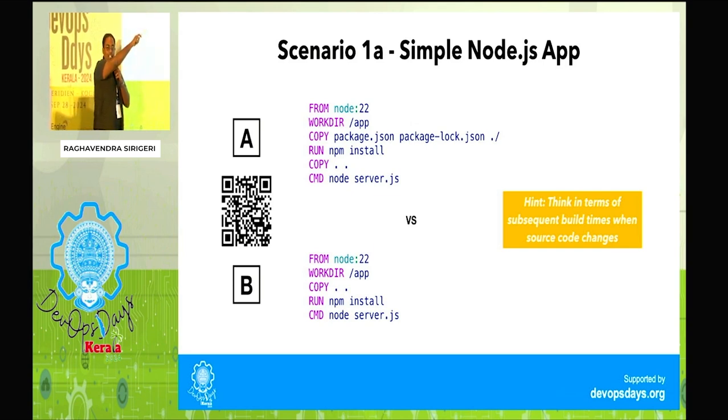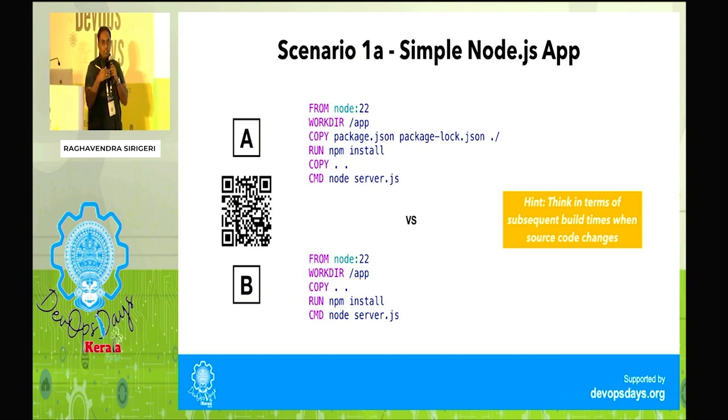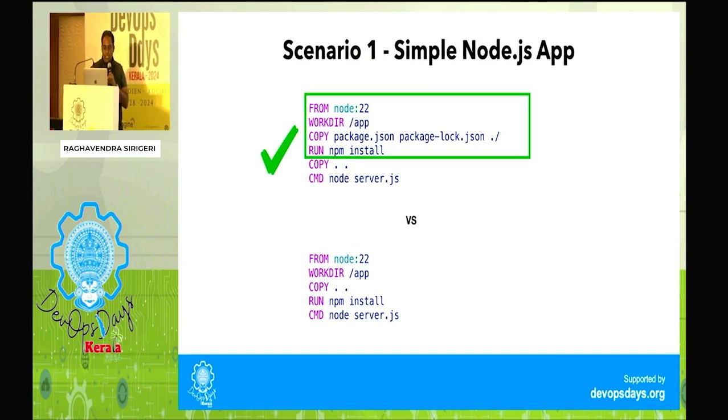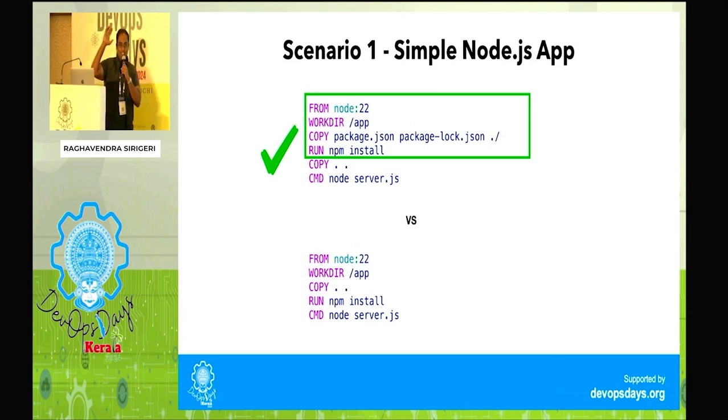That's why you would want something that you change very frequently to be at the end, correct? Something that's not changing too frequently should be earlier, so that you don't invalidate the previous cache and keep building again and again. So in terms of build time, the best is A, as most of you have voted. Okay? Everyone understood this? Okay, awesome.